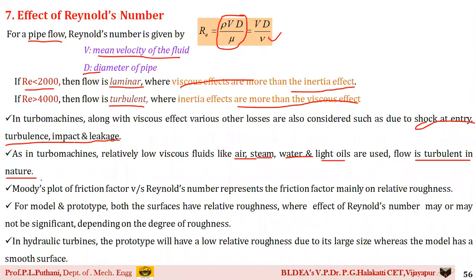Therefore, when we are studying with respect to a model and prototype, the surfaces of both the model and prototype will have the same relative roughness. And the effect of this Reynolds number on this relative roughness may or may not be significant. That is the reason it becomes very difficult to measure the average value of roughness.